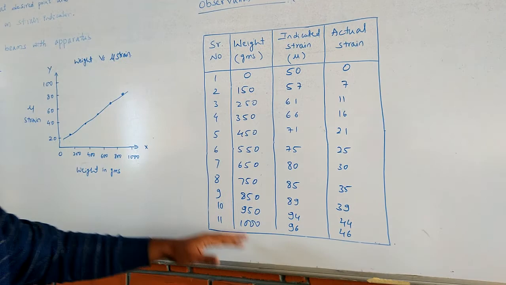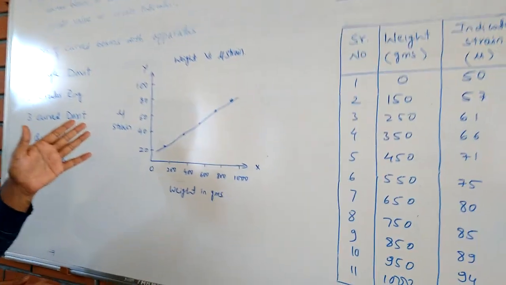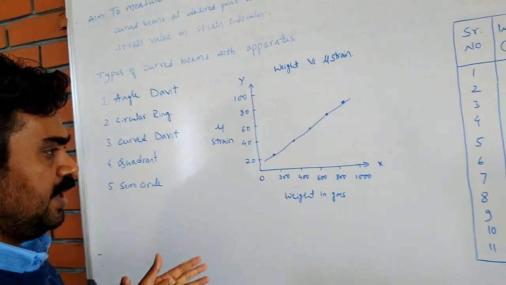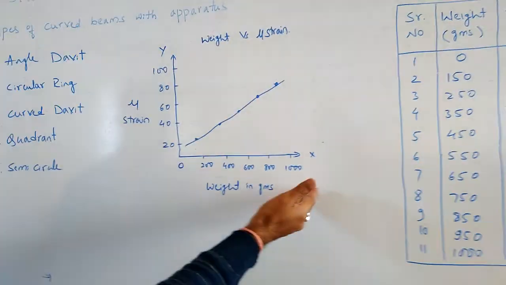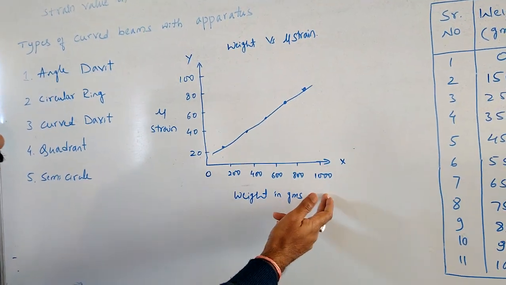After getting this table, we will draw the weight versus strain graph. Here you can see on the x-axis we have weights in grams, up to 1000 grams.